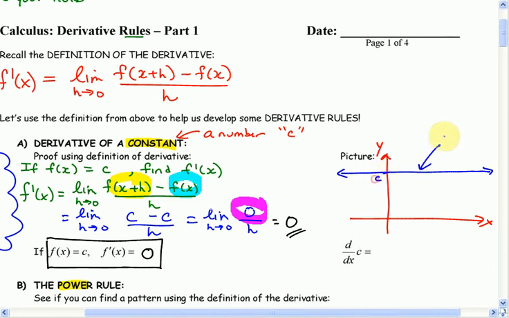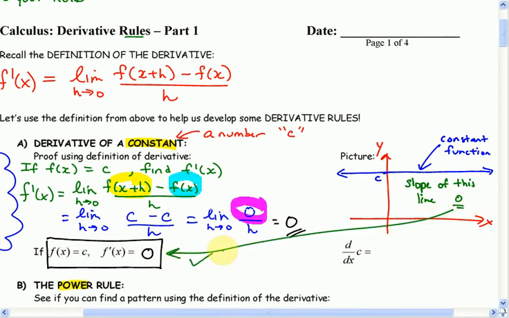Let's call this point here C. Here's my constant function. It's a horizontal line. Good. Looking at this picture, can you tell me what the slope of a horizontal line is? 0. There you go. You just proved visually that the derivative of a constant is 0. Done. Okay. So once again, the slope of this line must be 0. So therefore, that just proves that this is correct.